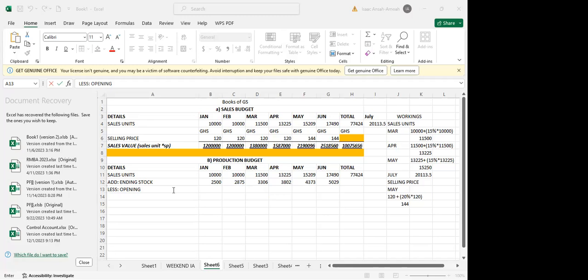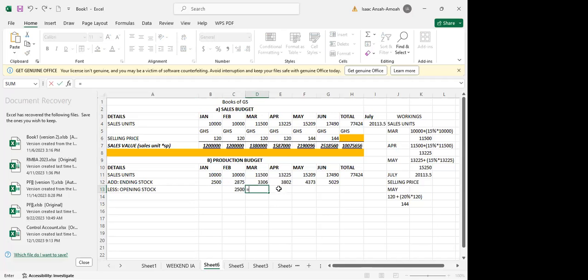Okay, so ending stock of January becomes the starting stock of February. Suggesting that ending stock of February will become the starting stock or the opening stock of March.